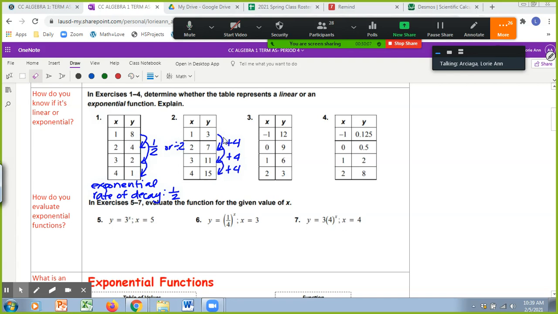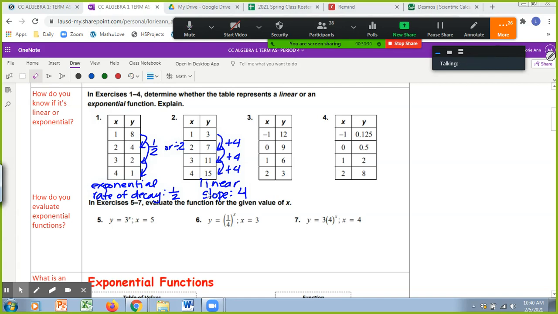So this one is an example of linear because you're just adding a number each time. The slope here is 4. Remember when we were doing y equals mx plus b? The common number being added or subtracted is the slope.